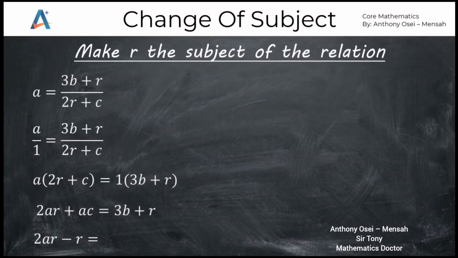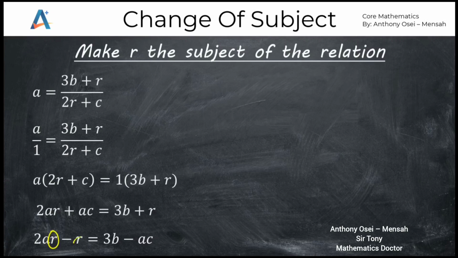Then you realize that other terms are there. They don't contain r. So we'll bring all those terms to the other side. Already we have 3b. So 3b will stand because it's already at the right hand side. Then we will transfer the next one, which is ac. Positive ac transfers to this side to become negative ac. So minus ac, since it has crossed the equal sign.